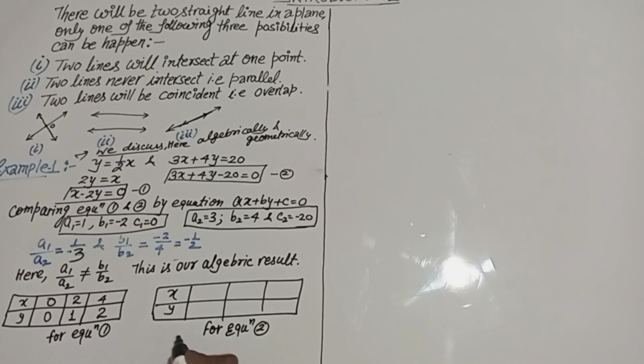What we have here is 3x plus 4y is equal to 20, which implies that y is equal to (20 minus 3x) upon 4.